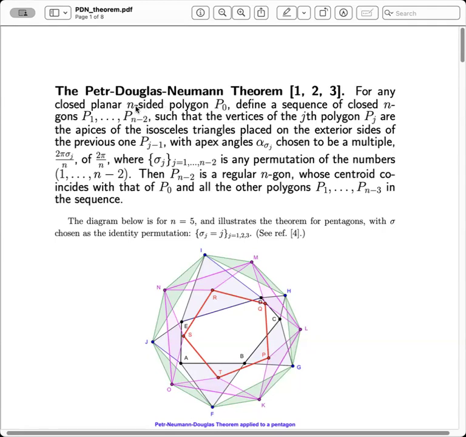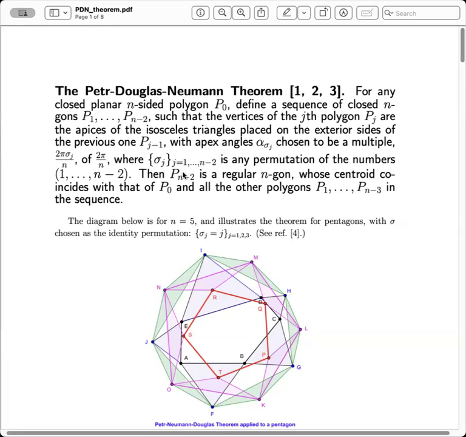For any closed planar n-sided polygon P0, define a sequence of closed n-gons, P1 up to Pn-2, such that the vertices of the jth polygon, Pj, are the apices of the isosceles triangles placed on the exterior sides of the previous one, Pj-1, with apex angles alpha sub sigma j chosen to be a multiple of 2 pi sigma j over n, where sigma j is any permutation of the numbers 1 up to n-2.